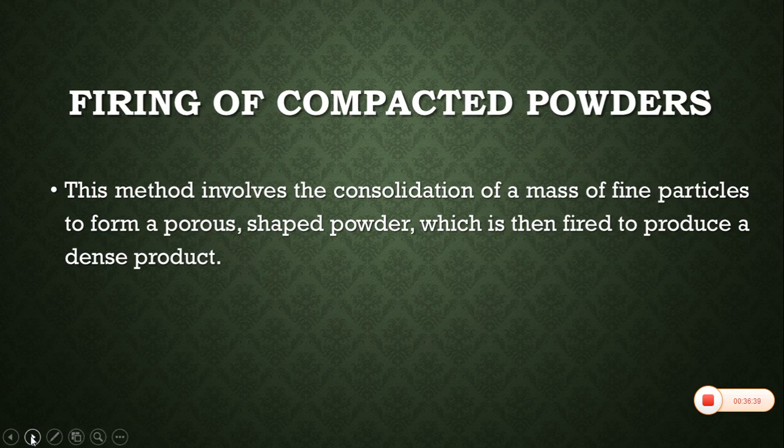Although in principle this route can be used for the production of both glasses and polycrystalline ceramics, practically it is hardly ever used for glasses, because economically a cheaper method, melt casting, is present, which can be utilized for the production of glasses. However, it is widely used for the production of polycrystalline ceramics.